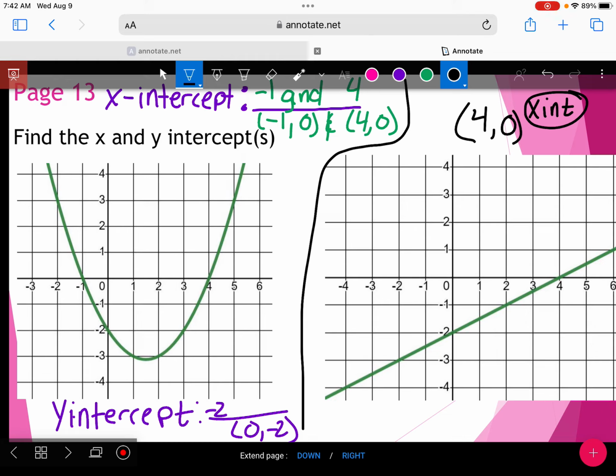What's our y-intercept? -2. They have the same y-intercept. 0, -2. They even have the same x-intercept a little bit. One is the same, so it makes a difference. You got to make sure you get them all. Okay?